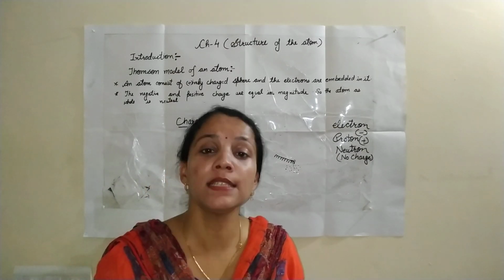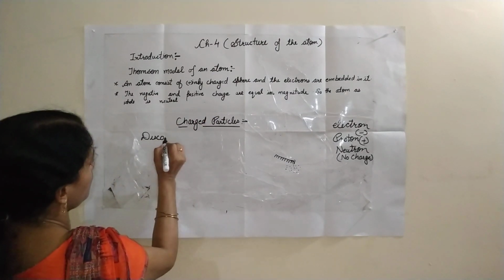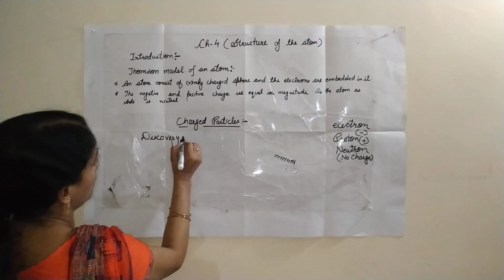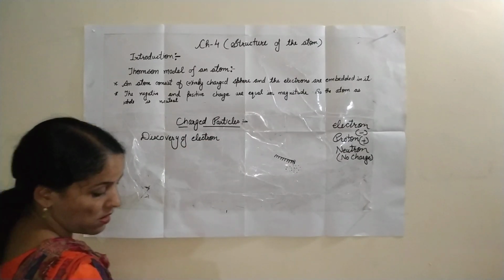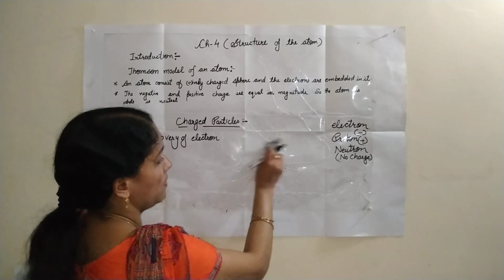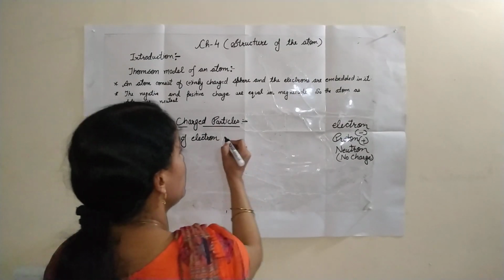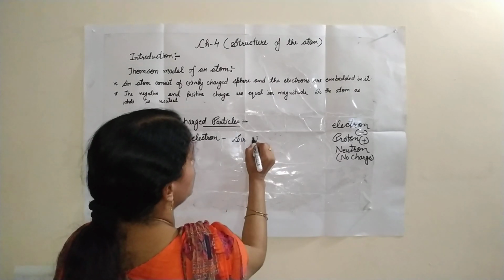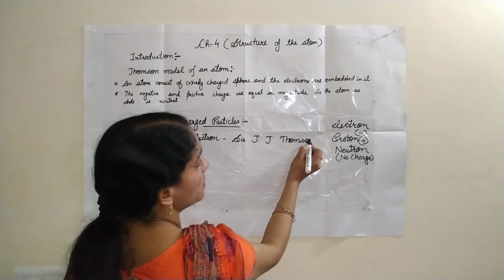Now the next is discovery of electron. The discovery is given by Sir J.J. Thomson.